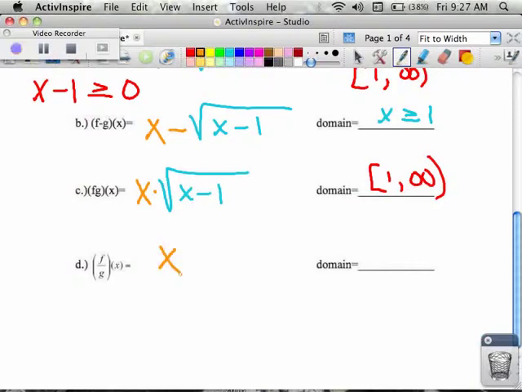Well, look, x divided by the square root of x minus 1. Put your hand up if you got that. Awesome. Put your hands down. And put your hands up if you got this. Really, with the parentheses?